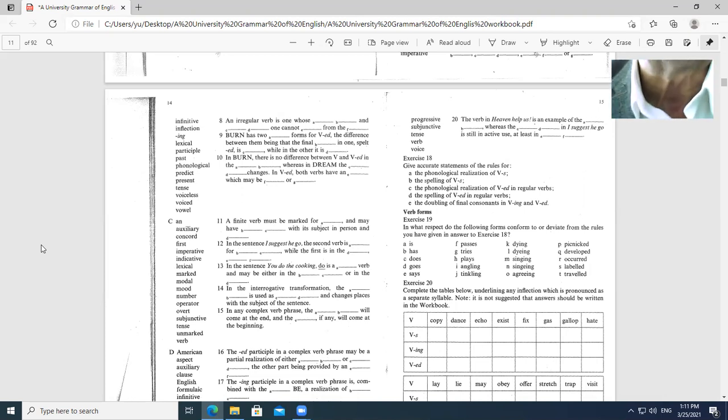Then burn has two phonological forms, the difference between them being that the final consonant in one spelled ed is voiced, while the other is unvoiced. Next.